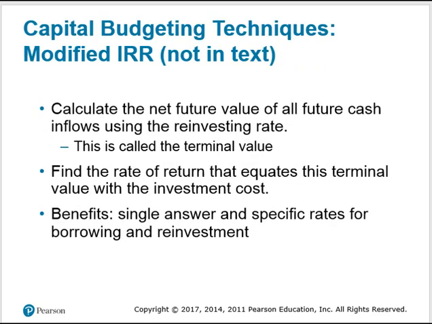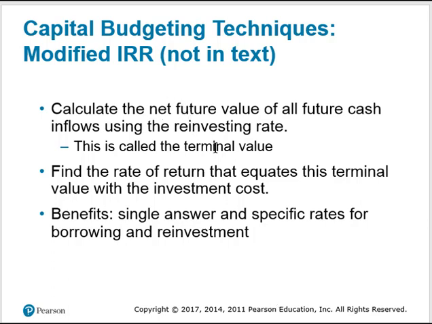There are a couple other techniques that we can talk about. This technique is not in the textbook, but I like it because it helps us with some of the internal rate of return challenges. Essentially, we want to assume that we can reinvest the future cash flows into some investment. If you remember in the beginning example, we had a reinvestment rate. We said we could reinvest at 15%.